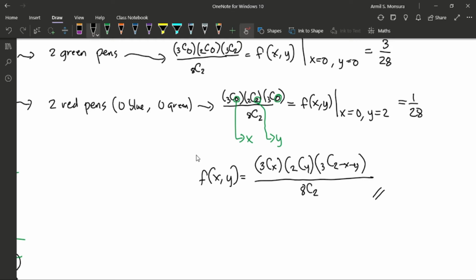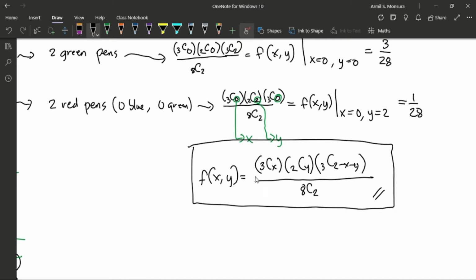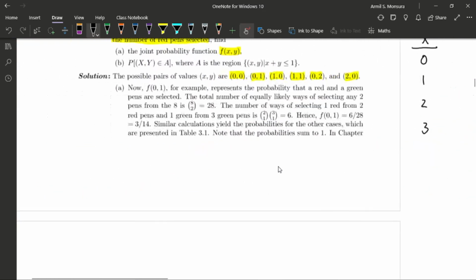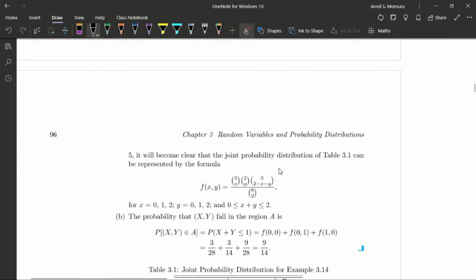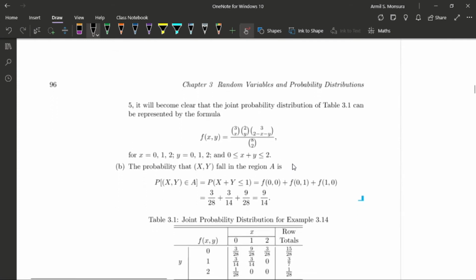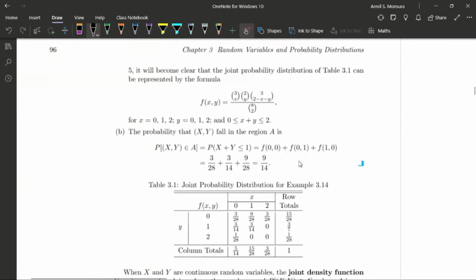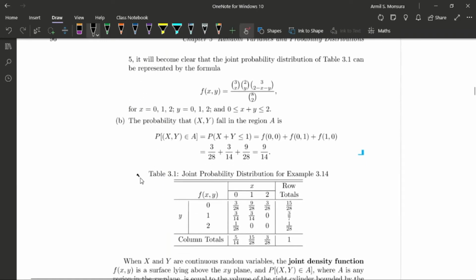Now, we can actually use this distribution in order for us to generate the following table. So how do we interpret this table?